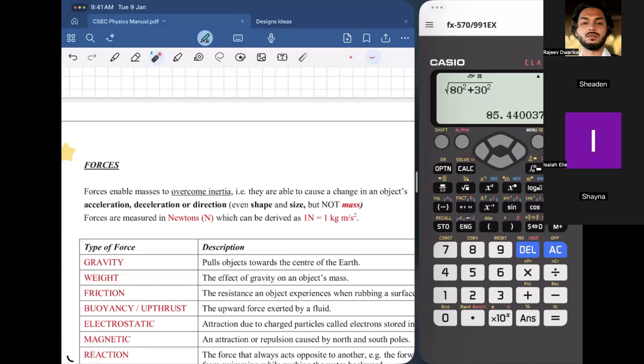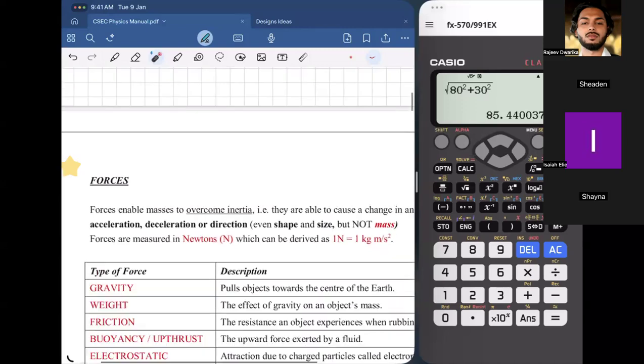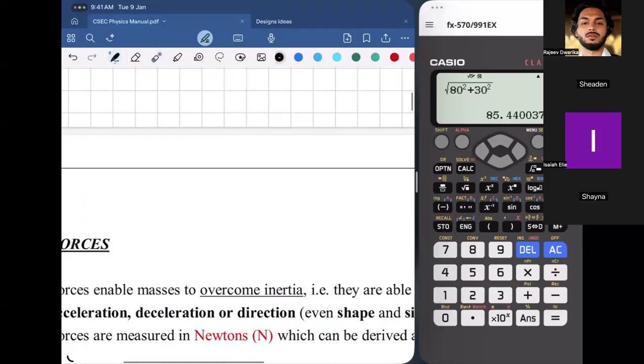Let me show you all the derivation one time. So does anybody know the formula for force? Force is equal to what by what? Mass and acceleration. Right. Could somebody tell me what is a unit for mass? What do we measure mass in? Kilograms, kg, right? What do we measure acceleration in?